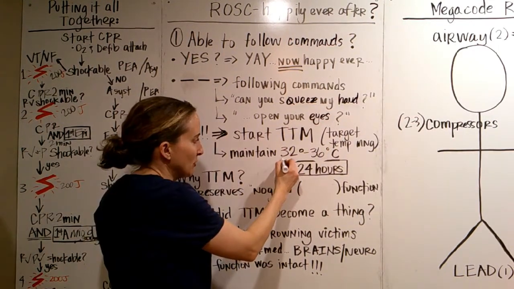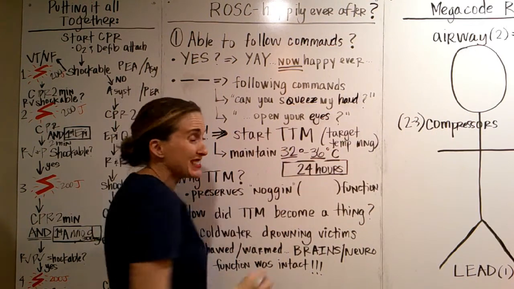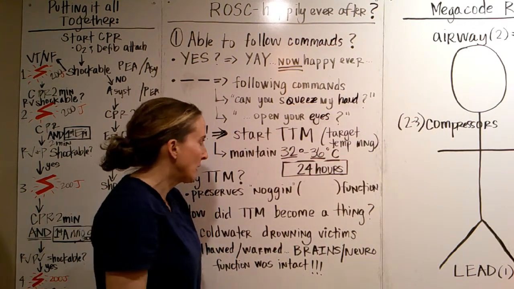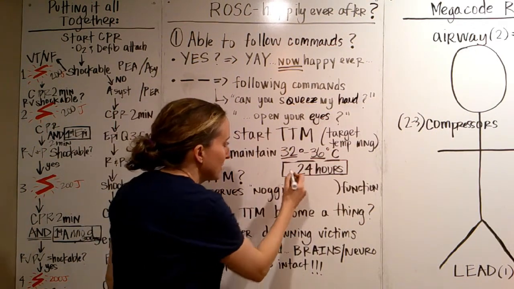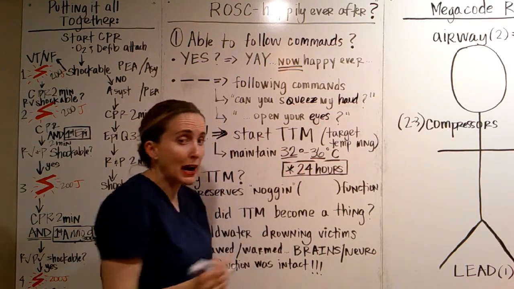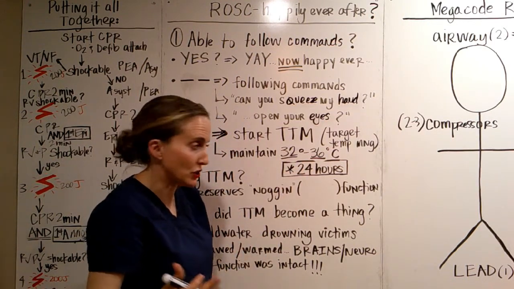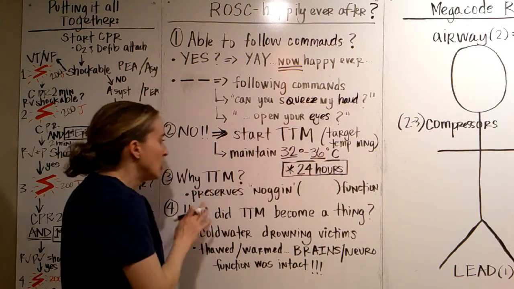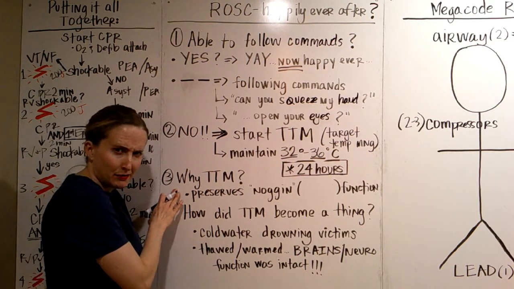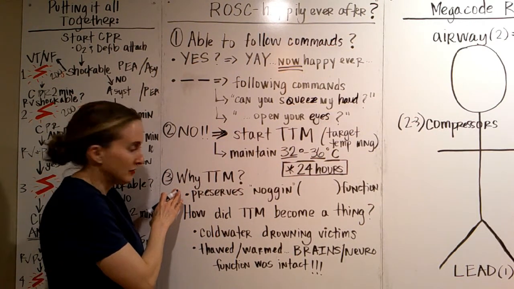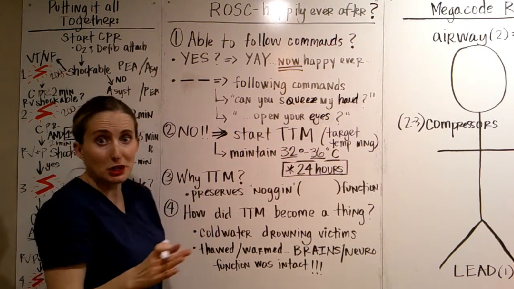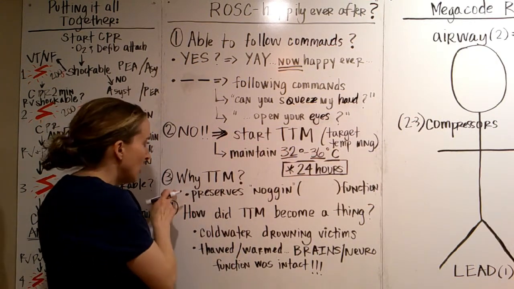We want to maintain them between 32 and 36 degrees centigrade, okay? And we keep that for 24 hours based on research, right? Evidence-based practice. Why? I always like to know the why. Maybe you don't, but you probably do, and that's why you're a nurse, right?